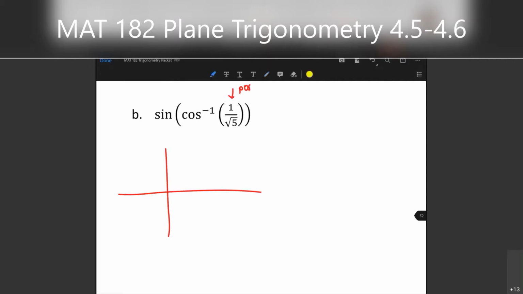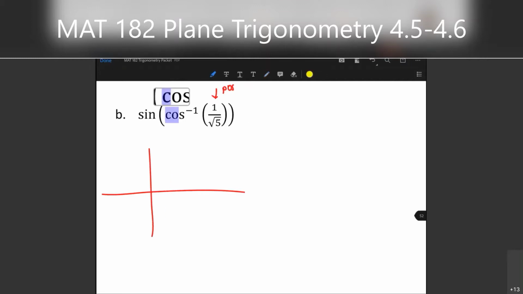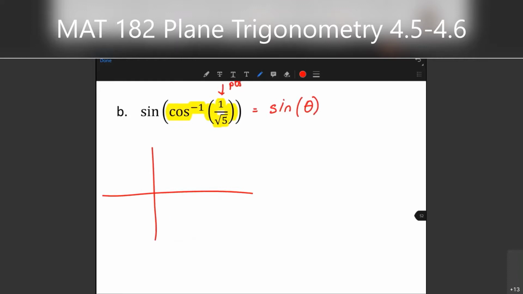So again, I'm going to highlight the inner function, and I'm going to draw a picture and try to relate that to some angle theta. So I have this really equal to sine of some angle theta, and we'll try to replicate theta with the information from the inverse function.